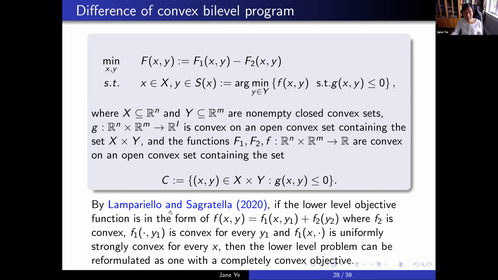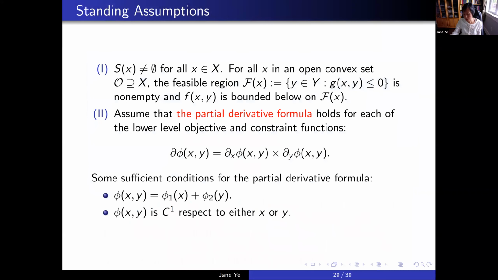But according to this paper, if the lower level objective is in this form, which may not be completely convex, you can always do some reformulation so that you have a problem with a completely convex objective. So it is broader than it looks.